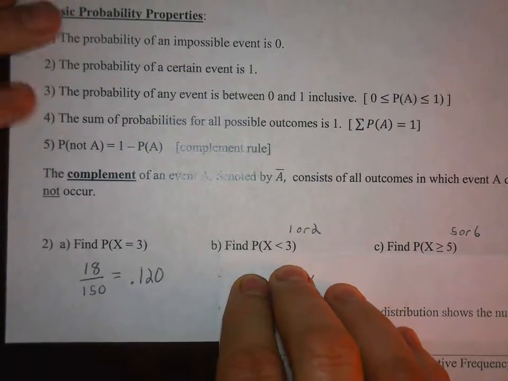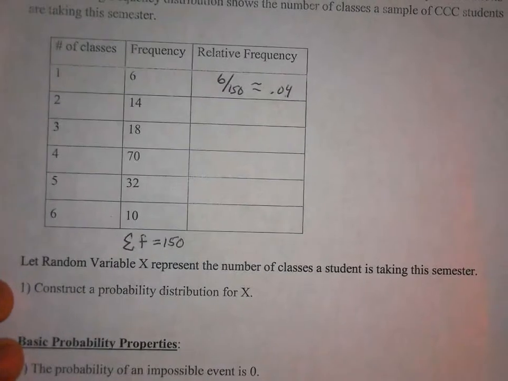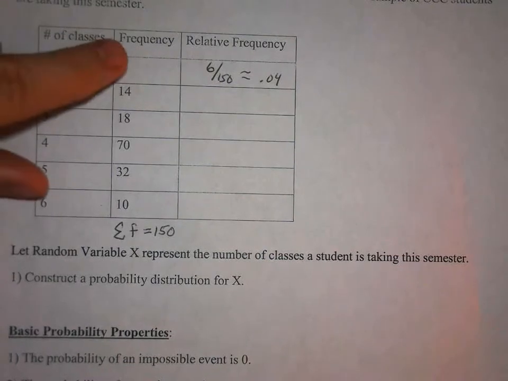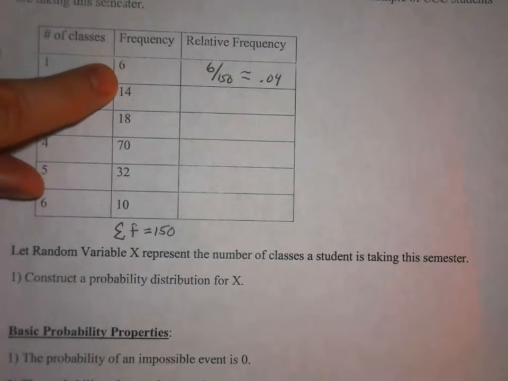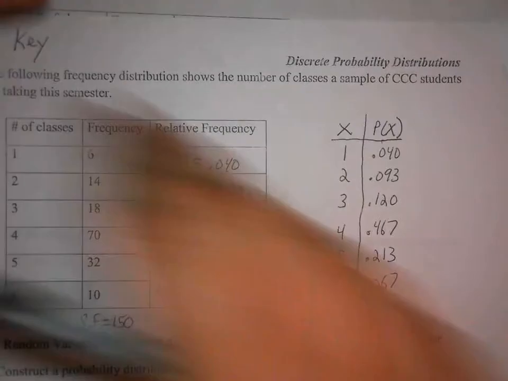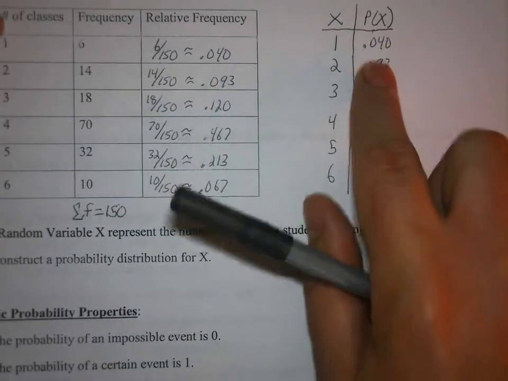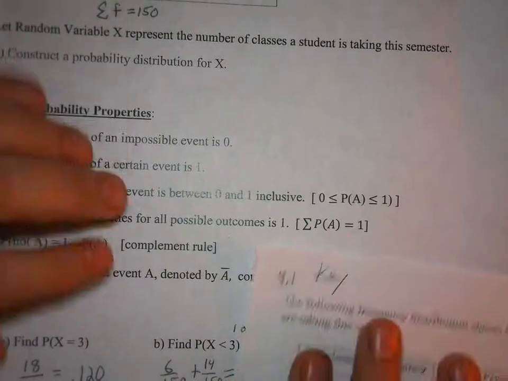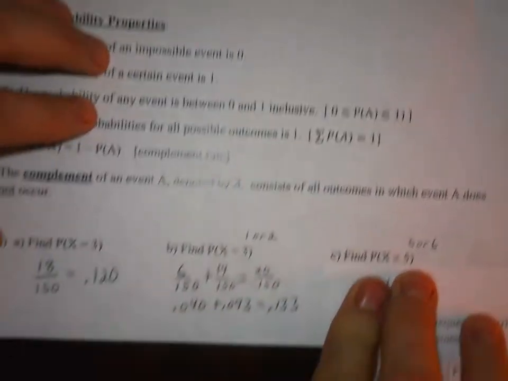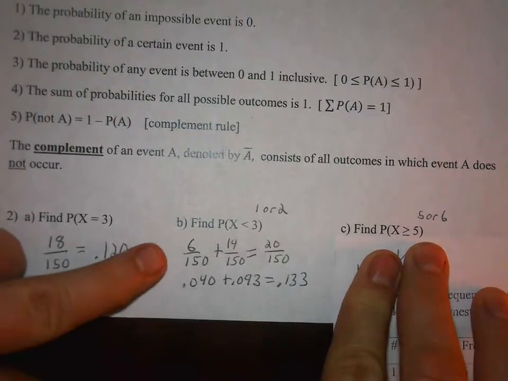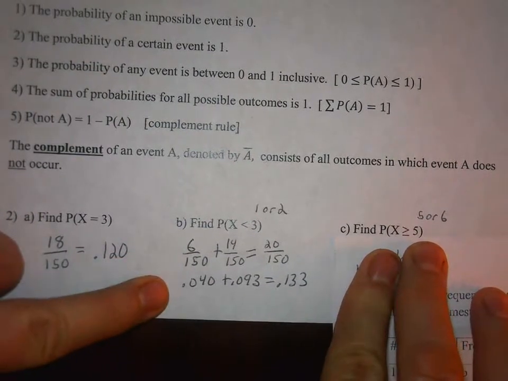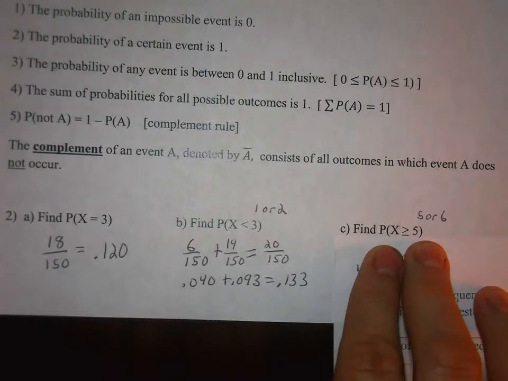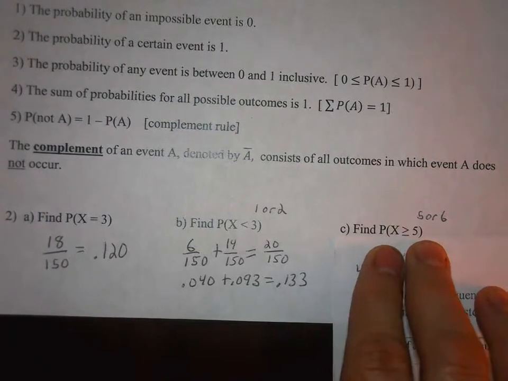So the probability of 1 or 2, you'd be looking at the first 2 rows, which is 6 out of 150 and 14 out of 150, or 0.04 plus 0.093. If you add those together, you end up with 20 out of 150, or 0.133. The probability that x is greater than or equal to 5 could be 5 or 6.